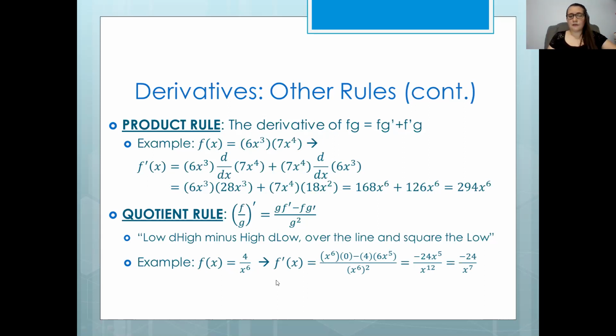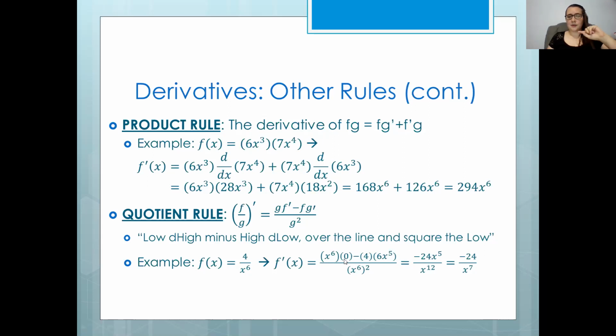For the derivative, we do low d high: the derivative of a constant is 0. Minus high d low: applying the power rule, the derivative of x to the 6th is 6x to the 5th. Over the line and square the low.